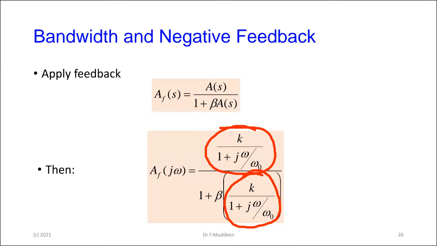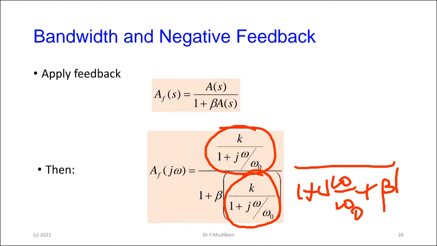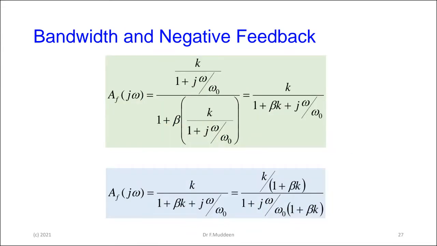So if I multiply this whole thing through, this is going to be 1 plus jω over ω0 plus beta K, and on top we have the K. Then I put it back in the standard form, so I have the constants, and then I have the jω over ω0.